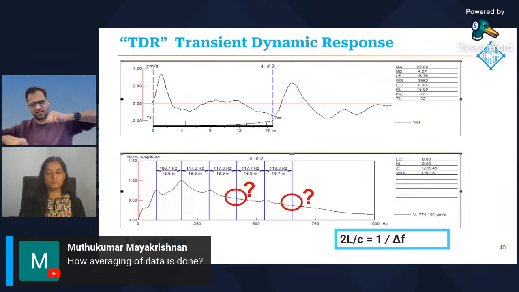Every time I fix the accelerometer and hammer, I will try to hit consistently 6 or 10 times. On the screen, I will see, say, six blows, and then the software will average these blows. When you import the data in the office, you can either look at the individual blows or just import the average signal. So the averaging is done by the software, in short. It's just a mathematical average of the signals.